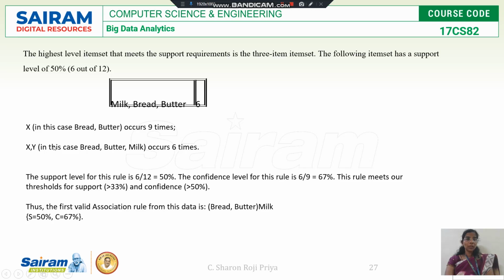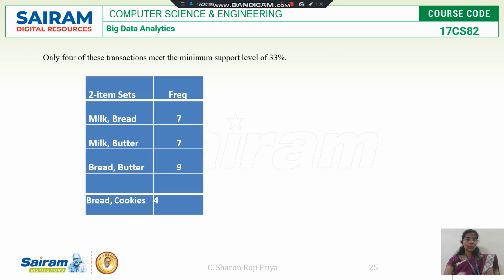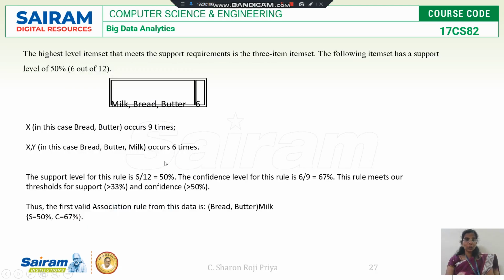X, Y together it is 6, fine. But how do you get this 9? Bread and butter together: you have to go to the 2 item set and check the frequency of bread and butter. It is 9. That's how you got 9 here.